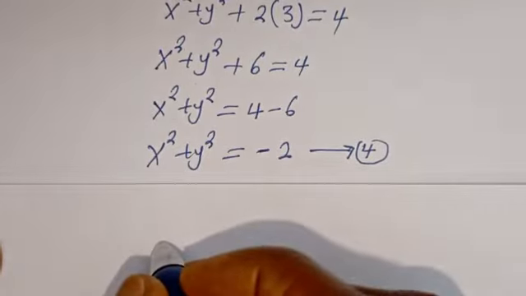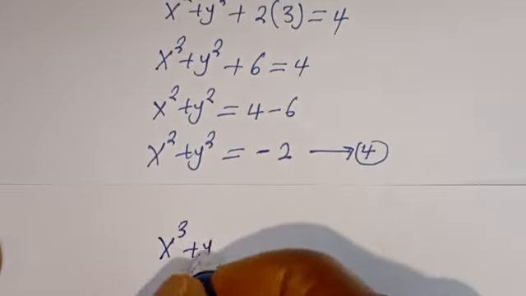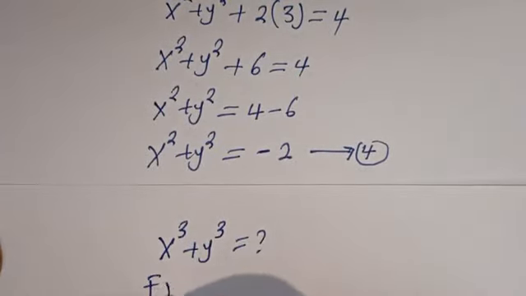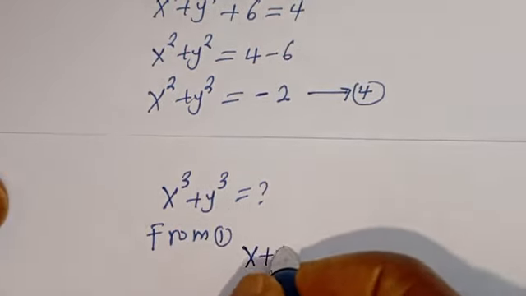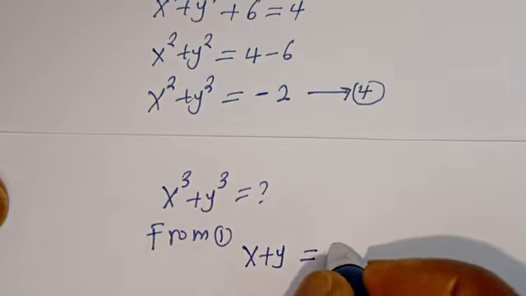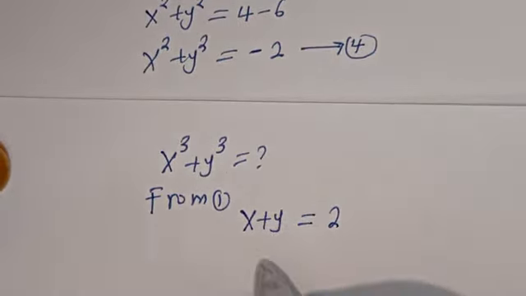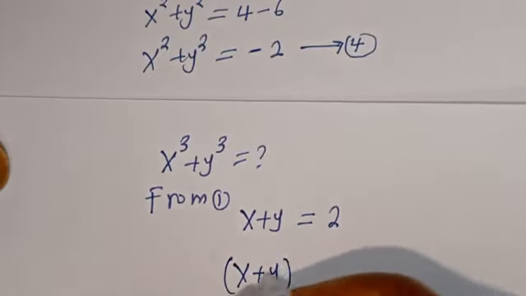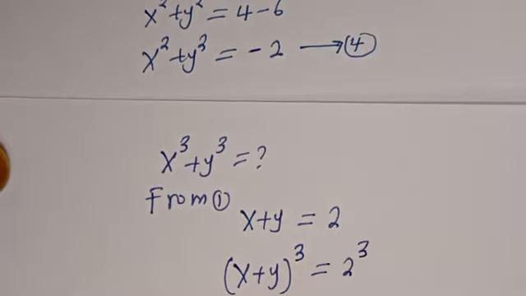So also, we need to know the value of x to the power of 3 plus y to the power of 3. From equation 1 again, x plus y is equal to 2. Let's take the exponent of both sides to the power of 3, that is x plus y to the power of 3 is equal to 2 to the power of 3.